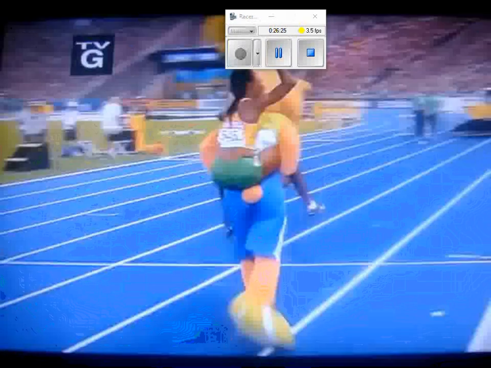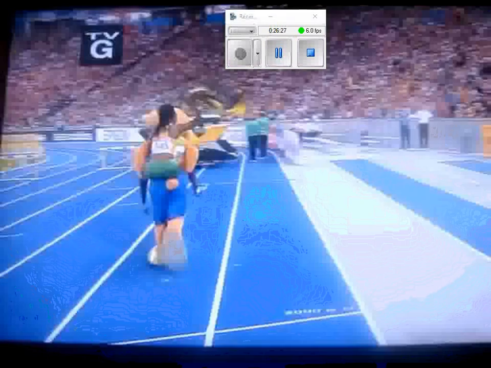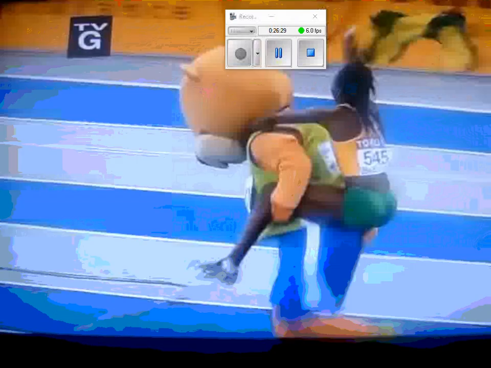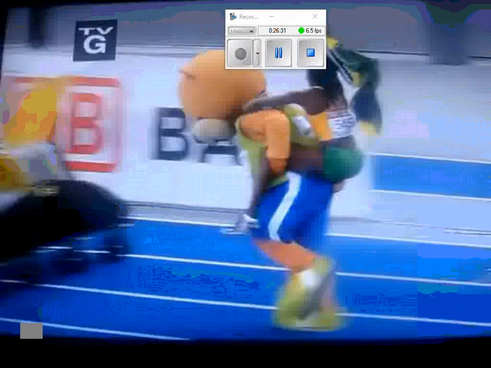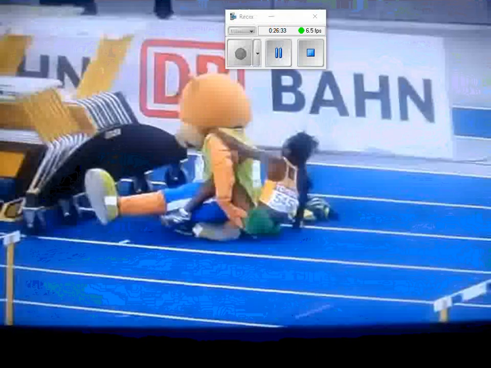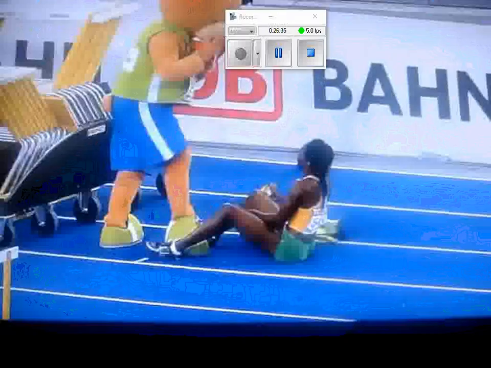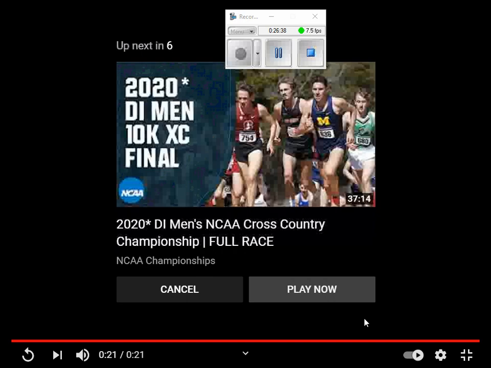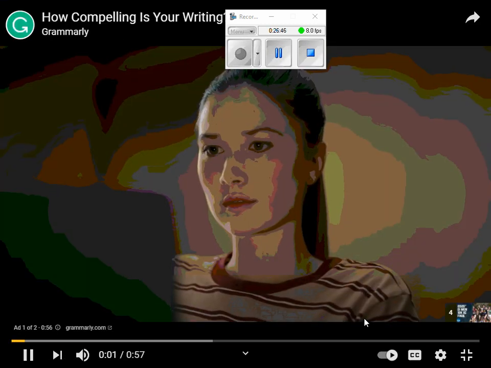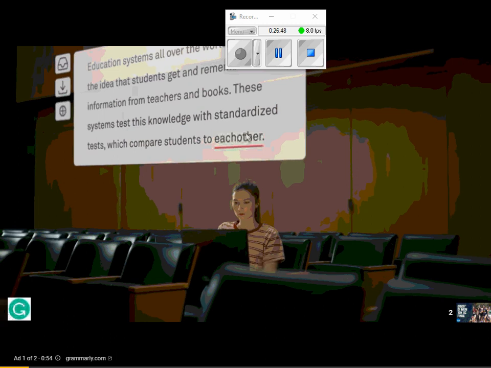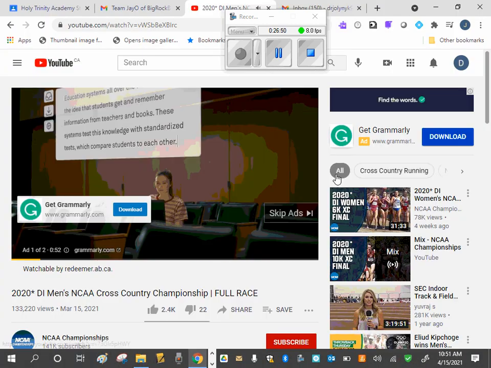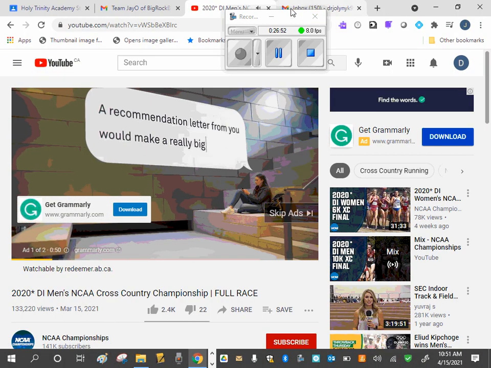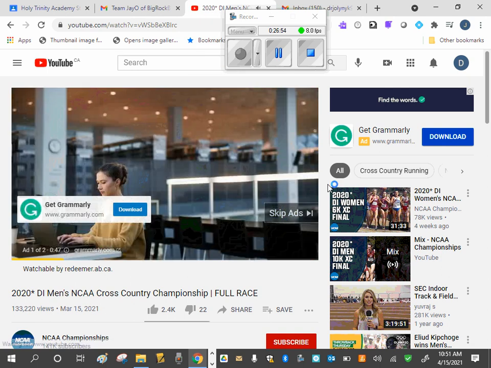What a good mascot. She's gonna fall. This is true. Boom. I think I was laughing for a week and I was crying for a week when I saw that. Oh boy. That was classic.